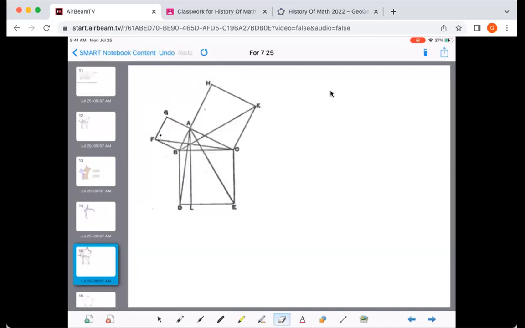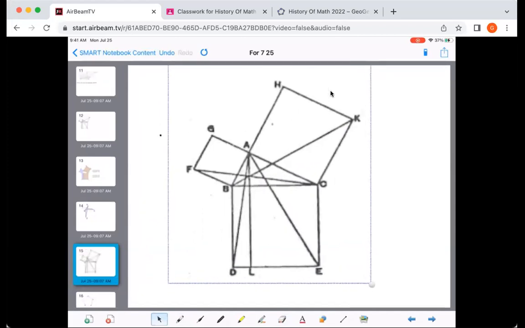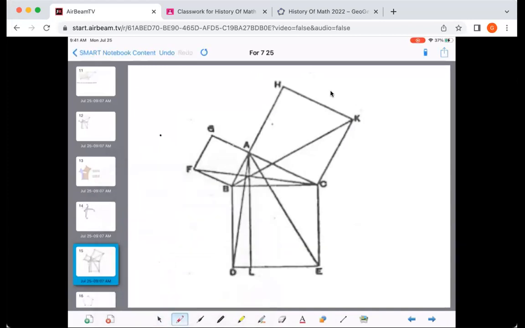And this is a very, very famous diagram. As you can see, it has a right triangle over here. That's your right angle. So it's a right triangle with the hypotenuse as the base.